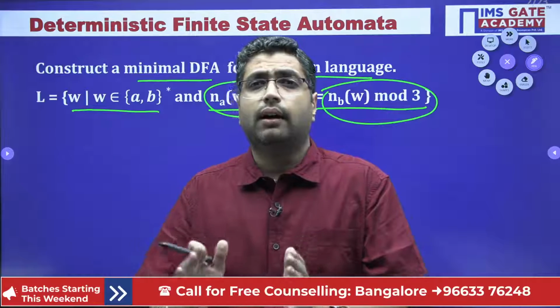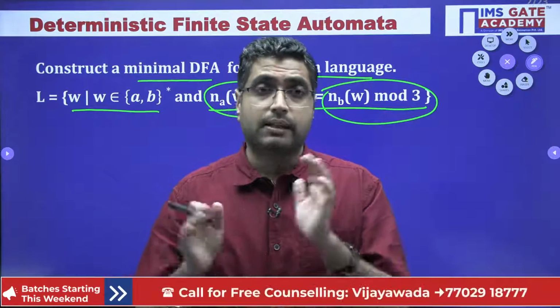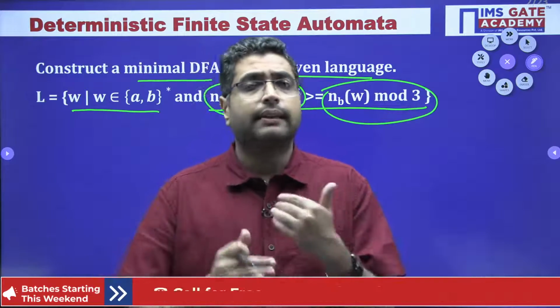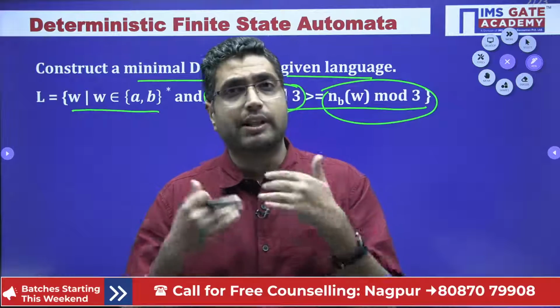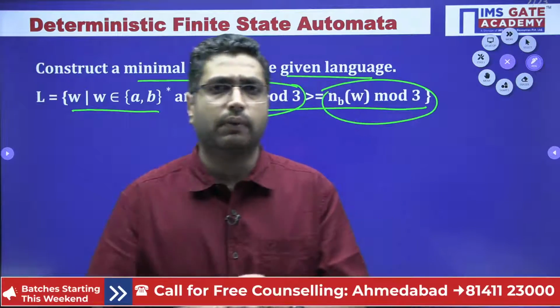Only up to a 2-dimensional web DFA comes in the exam. But if a 3-dimensional or 4-dimensional web does come, you can solve it based on the intuition I have given you. I hope this point is quite clear to everyone.